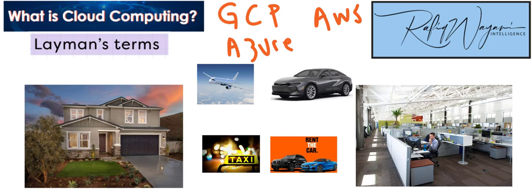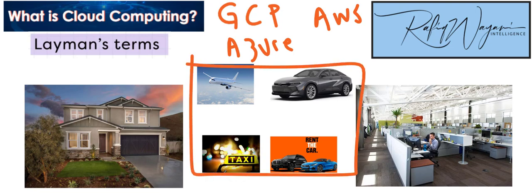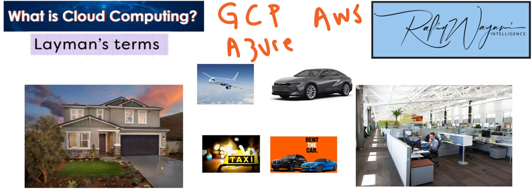There are others. Now, that does not mean that they all are capable of doing the same thing. Different cars and different airlines and different kinds of taxis and rent-a-cars offer different kinds of services. But generally, all of the vehicle's purpose is to get you from point A to point B. All cloud providers, all cloud vendors, their responsibility is to allow you to get done what you need to get done using the correct vehicle.